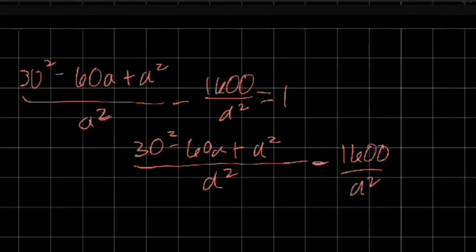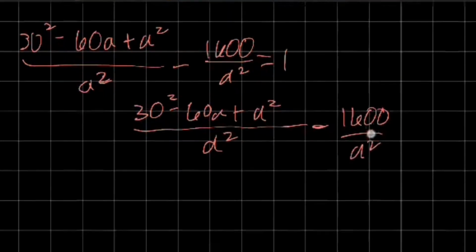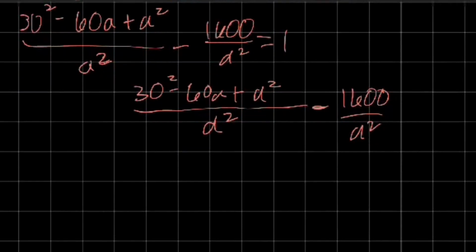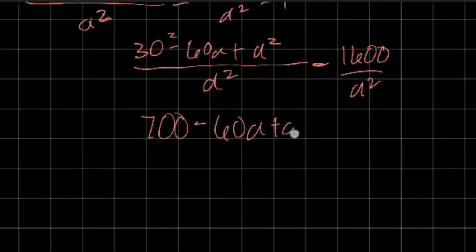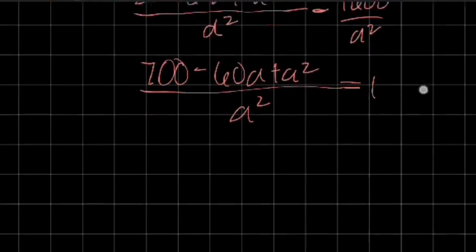So that's going to be 900, and we know that 900 minus 1600 is going to give you 500, I believe. Oh, never mind. I can't even do math, but it's 700. So 700 minus 60a plus a squared all over a squared is equal to 1.